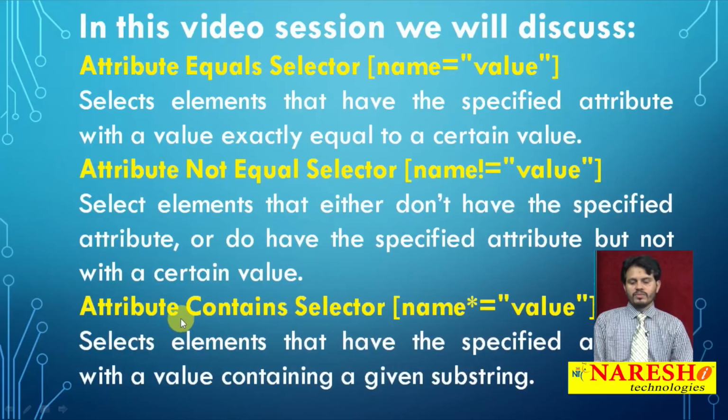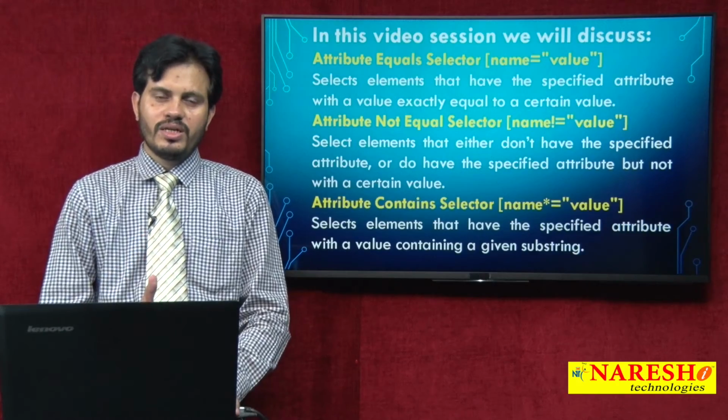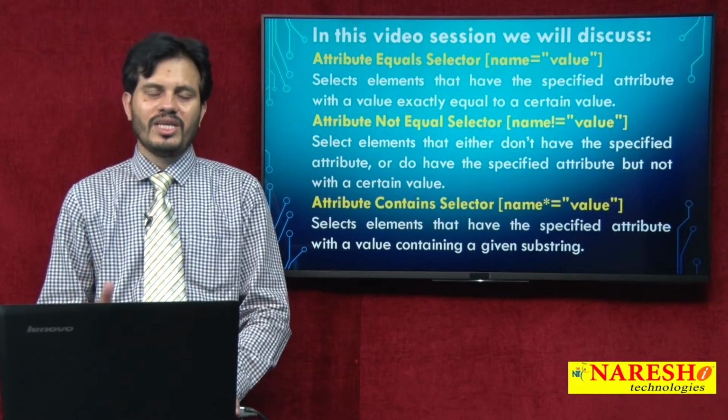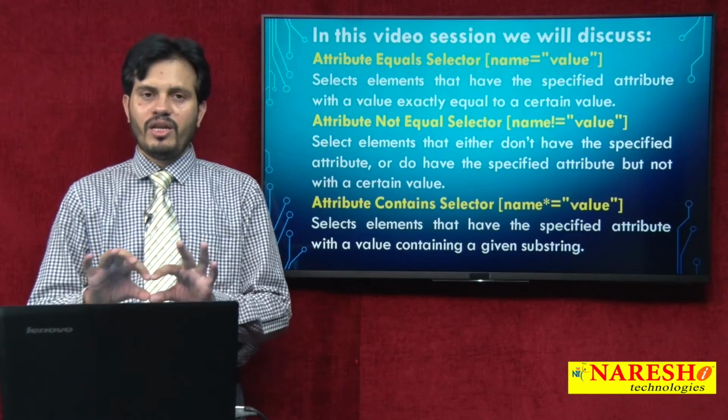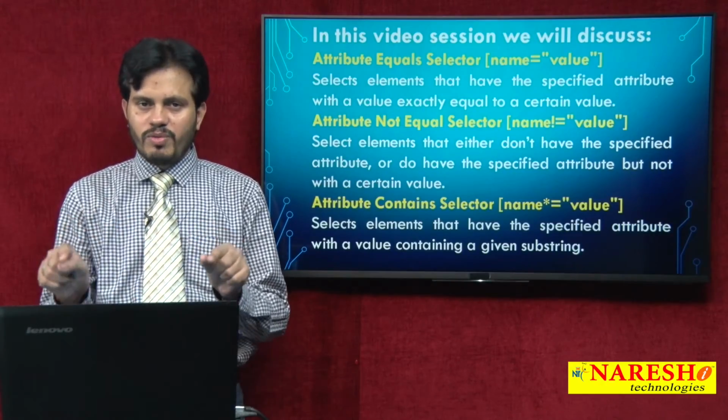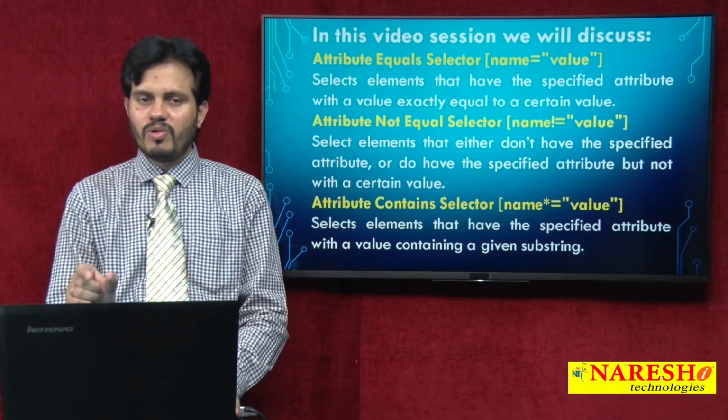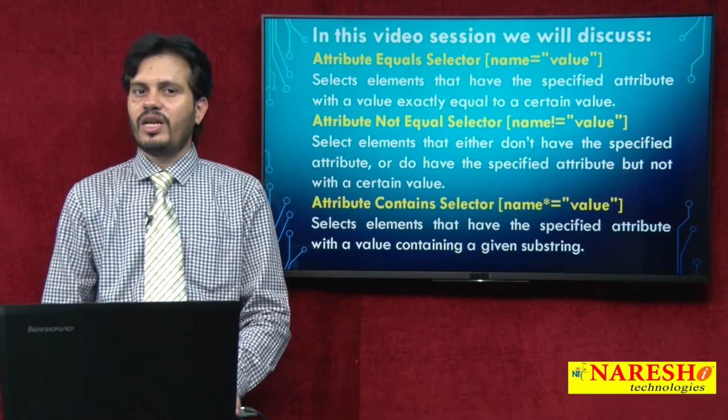And the third one, the attribute contains selector. It means if the specified value is contained anywhere in the attribute's value, either in the beginning, in the end, or in the middle, the element is selected.